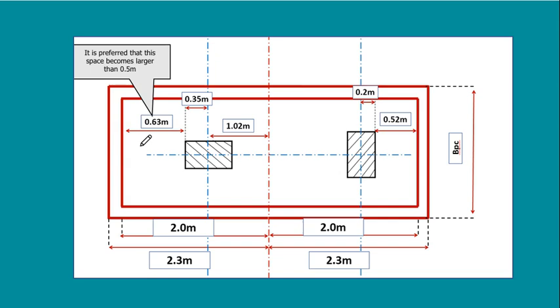Of course it will be safe and I will make it safe, but to be an optimum design, if this is 0.52, this should be very close to 0.52. So here it is 0.63. Okay, the difference is just 11 centimeters. This is okay. But suppose that it is not 0.63, it is 0.93.